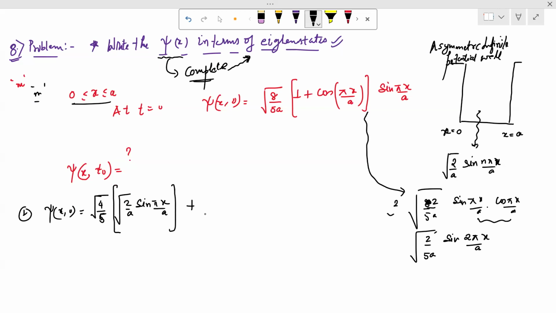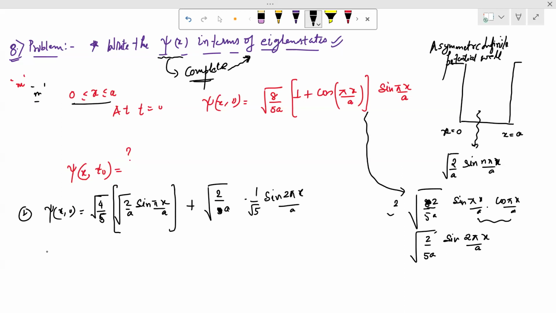So this will become root over 2 upon a, and then this will become 1 upon root over 5, times sine of 2 pi x.